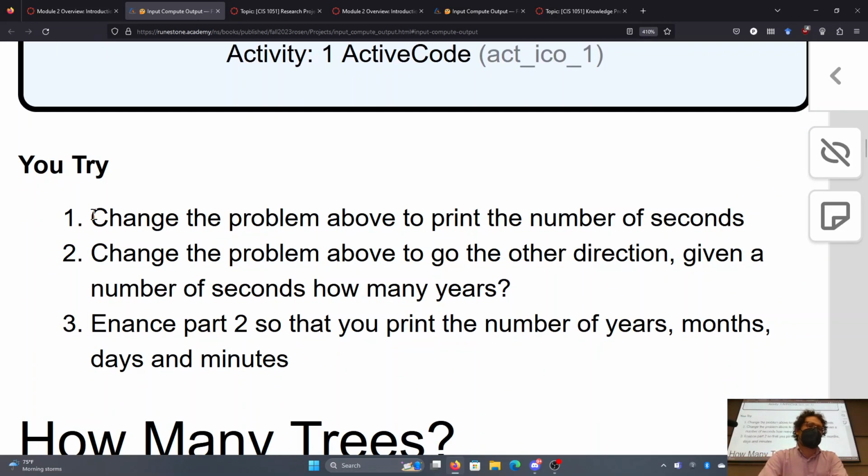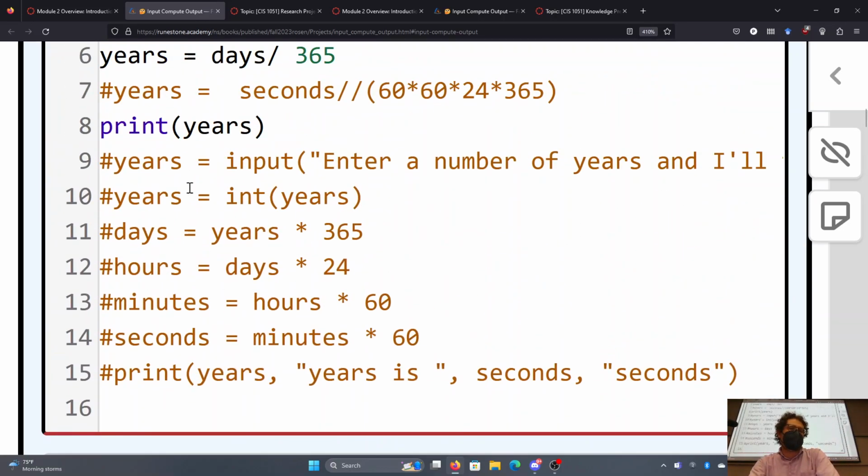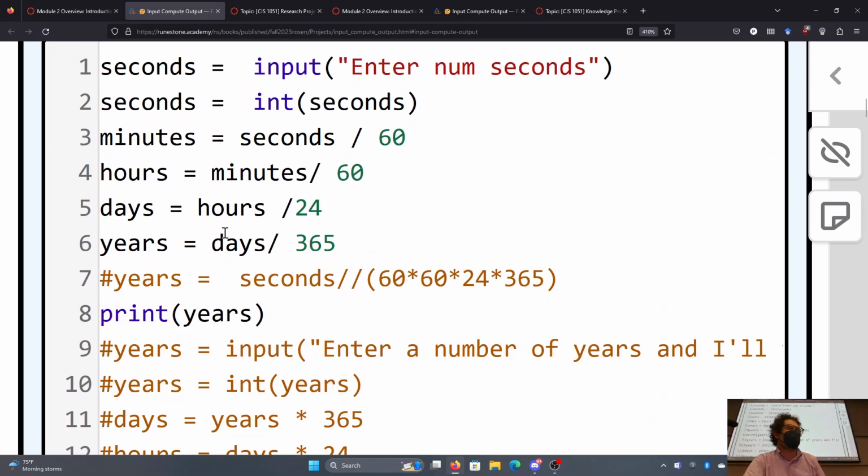Now the last part of this is enhanced part 2. So you can print the number of years, months, days, and minutes. Now, we could just simply print out like it's equal to... Now, I'm always confused as to what the directions actually wanted me to do here.